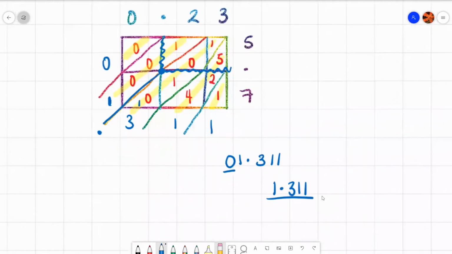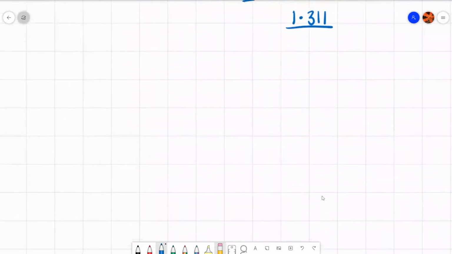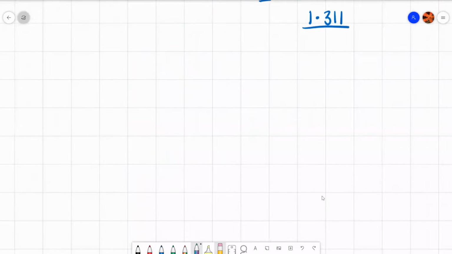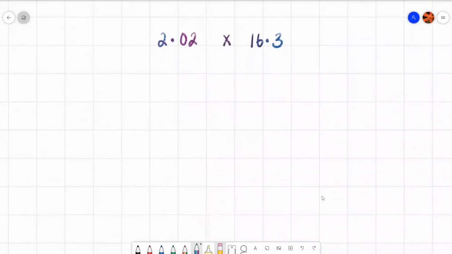Let's have a look at one more example. So let's do 2.02 times by 16.3. So again, I'm going to do 2.02 and I'm going to do 16.3.